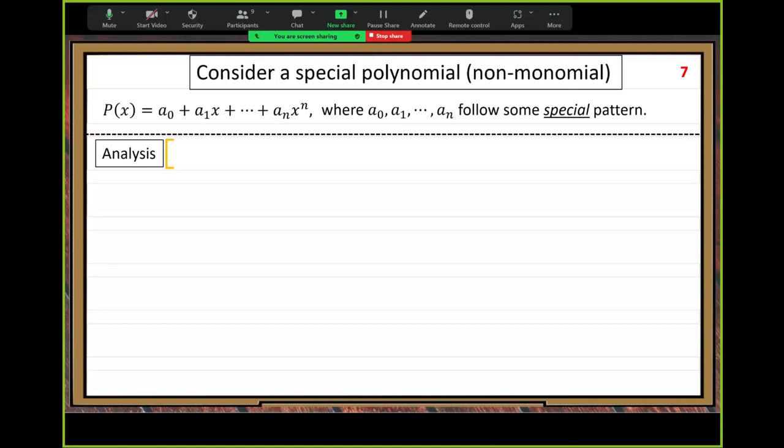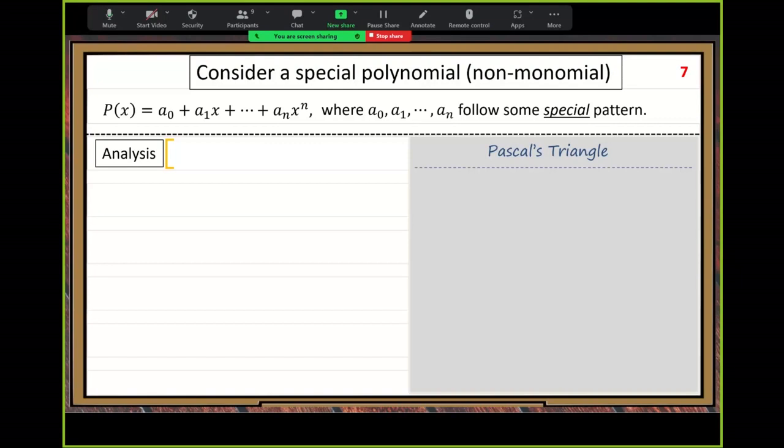A monomial has a single term; here, non-monomial means more than one term. But the coefficients follow some special pattern. Then we can take advantage of the structure. Let me show you that special example.